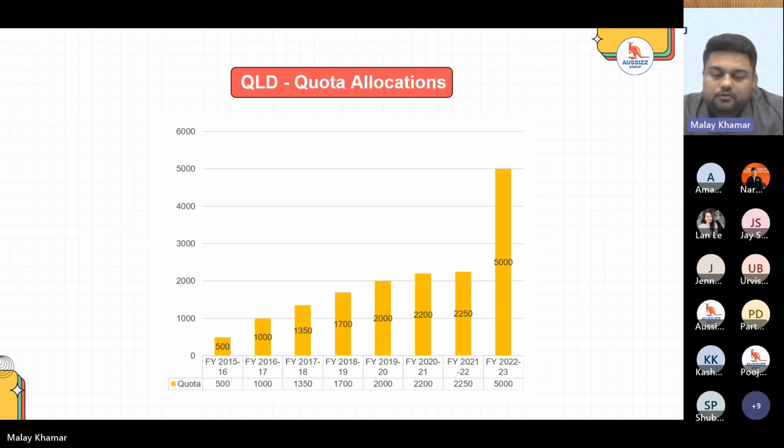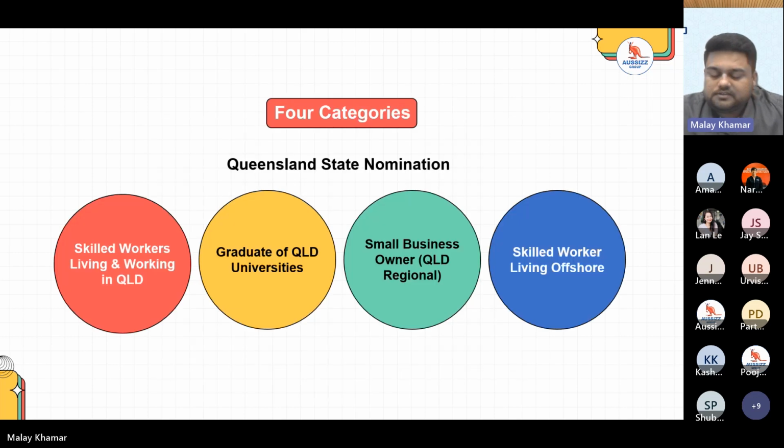Now let's go into detail about the categories for Queensland. There are mainly four major categories. The first is skilled worker living and working in Queensland. Anyone who has been living and working here in Queensland for at least 6 months can apply for this category.